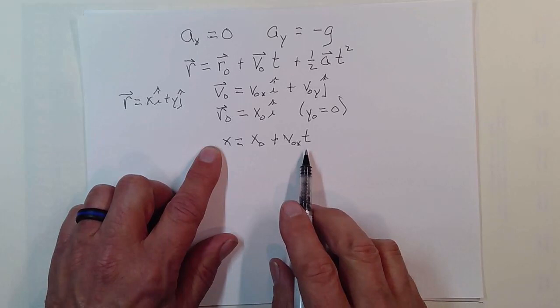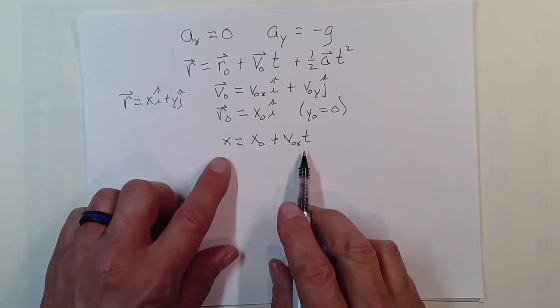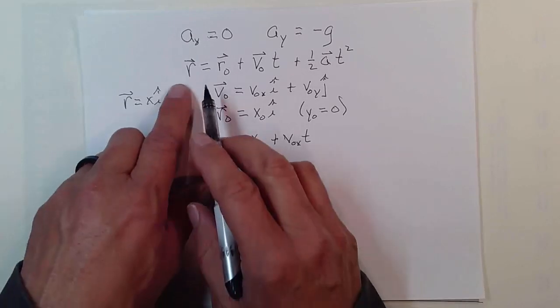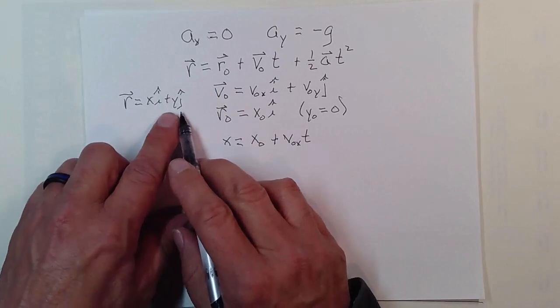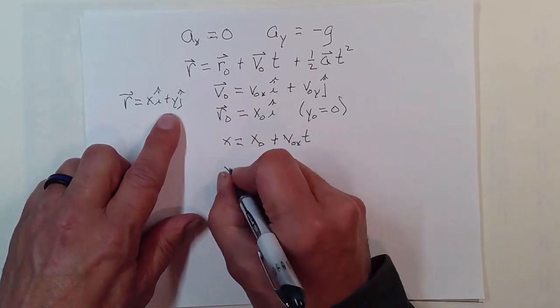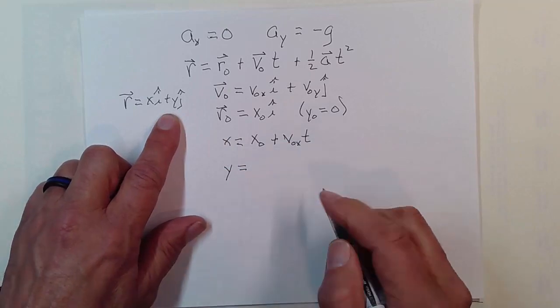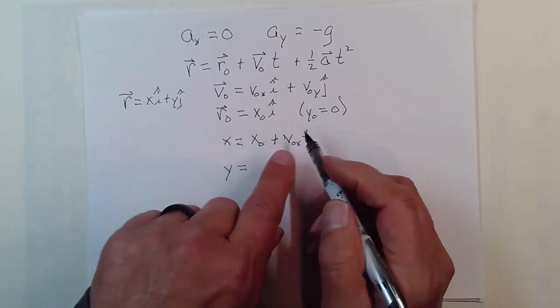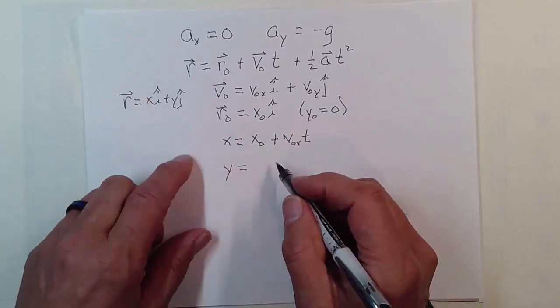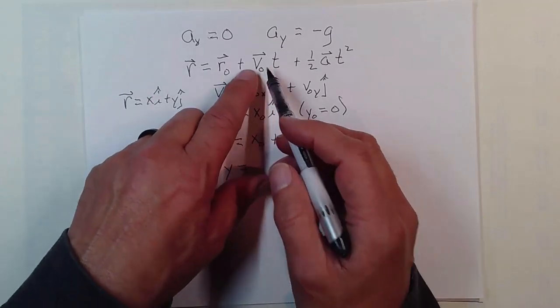Okay, that's a constant velocity equation. Now let's do the same thing for the j hat terms, the y parts. Pick off the y part of r. I'll have y equals, well, there is no y naught, so I don't have that term. What about v naught?